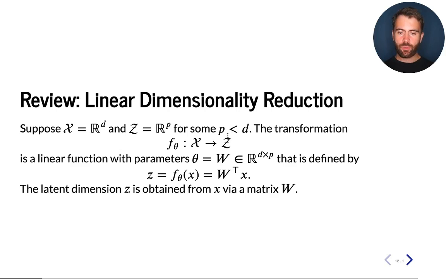And because we're doing linear dimensionality reduction, we assume that this model F, which maps X to Z, has the following form. It's a linear function, and because it's a linear function, it can be represented by a matrix multiplication. And so Z is going to be a linear transformation of the input X.